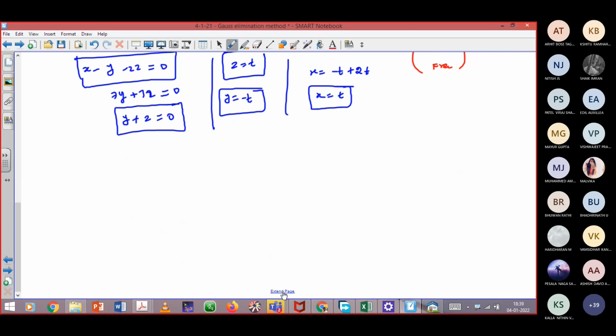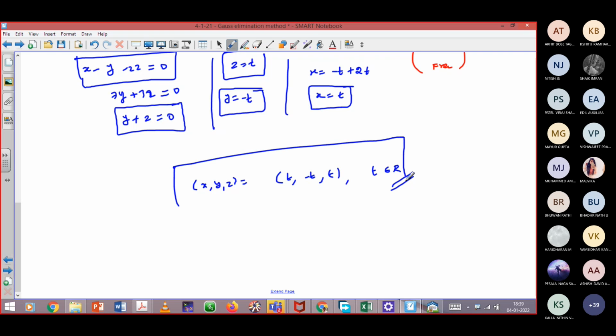So you have got the answer x, y, z as t comma minus t comma t, where t belongs to R. So this is the way.